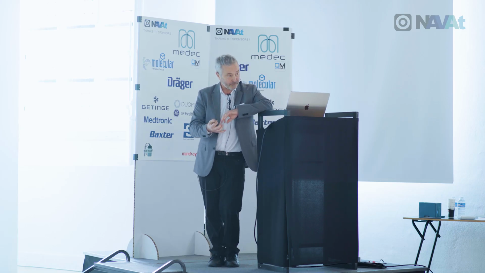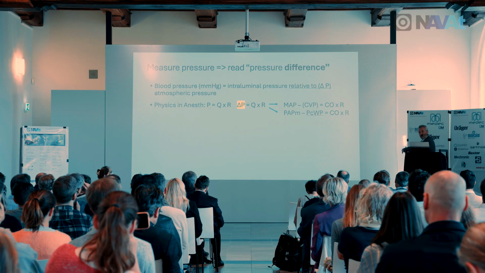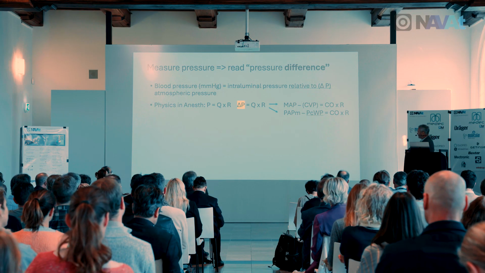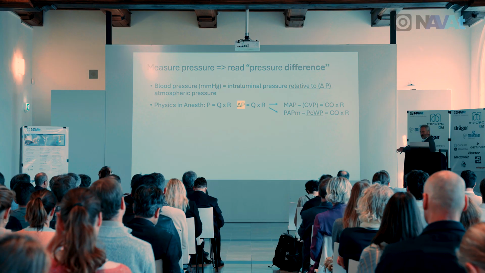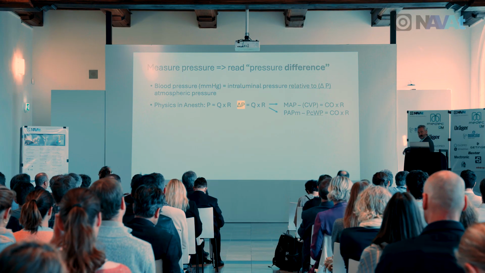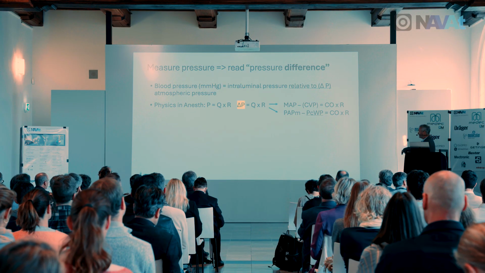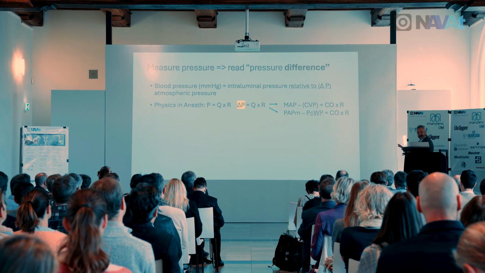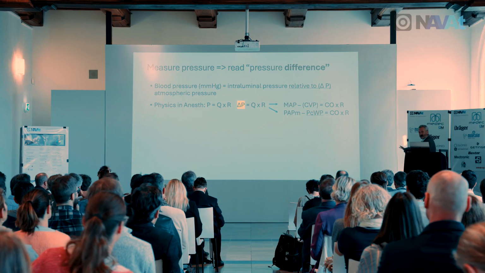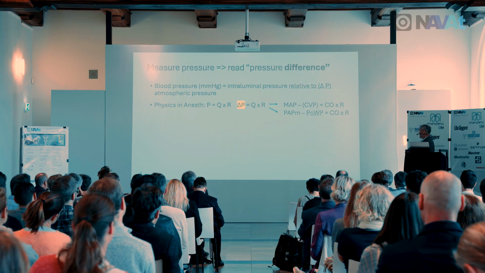The pressure difference relates to flow and resistance, as you all know. Applied to the systemic circulation, that means mean arterial pressure minus central venous pressure, not just mean arterial pressure. Although in that example, it's less important because it's a low value that we can basically neglect.